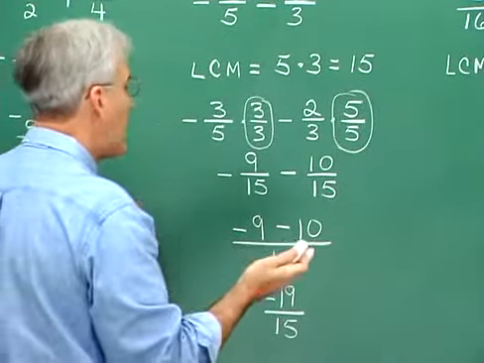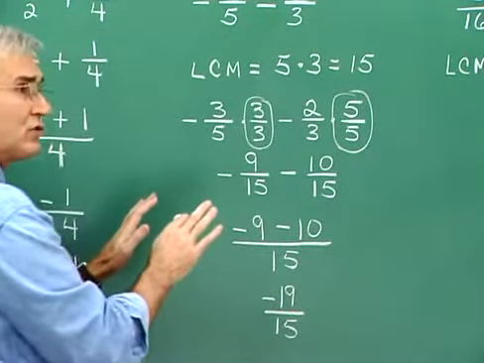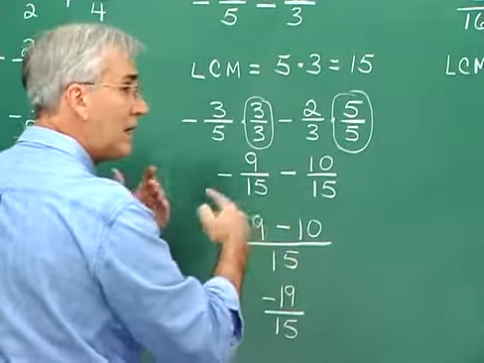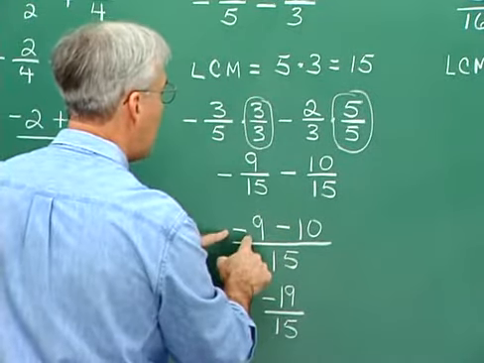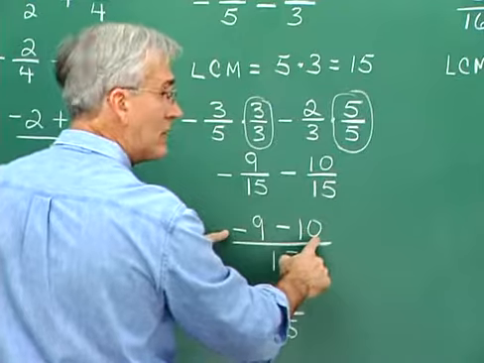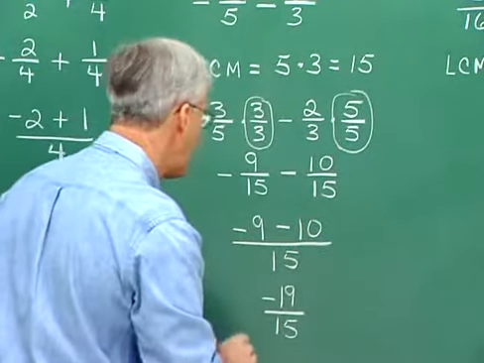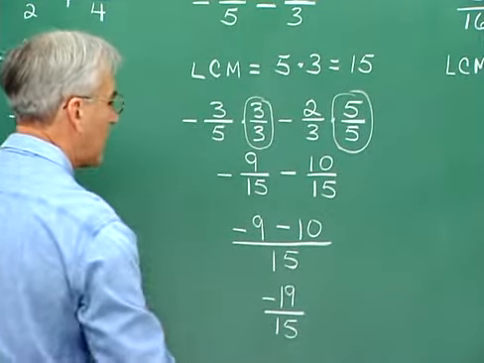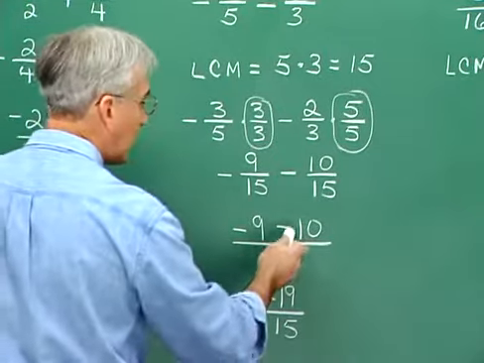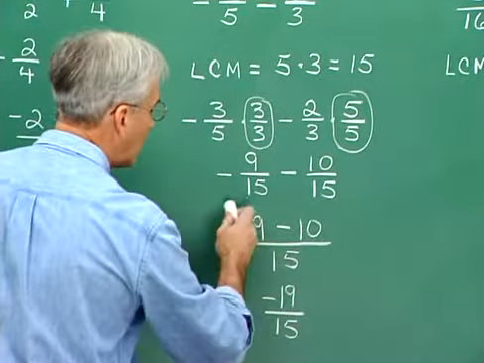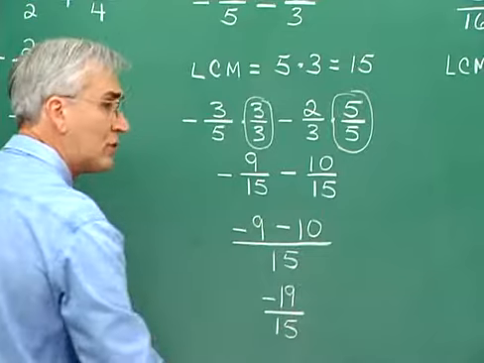Once we have the common denominator identified and the fractions changed into the common denominator, we collect numerators. This is negative 9 minus 10, all over the common denominator 15. Now, we talked in a previous section about collecting integers like this.